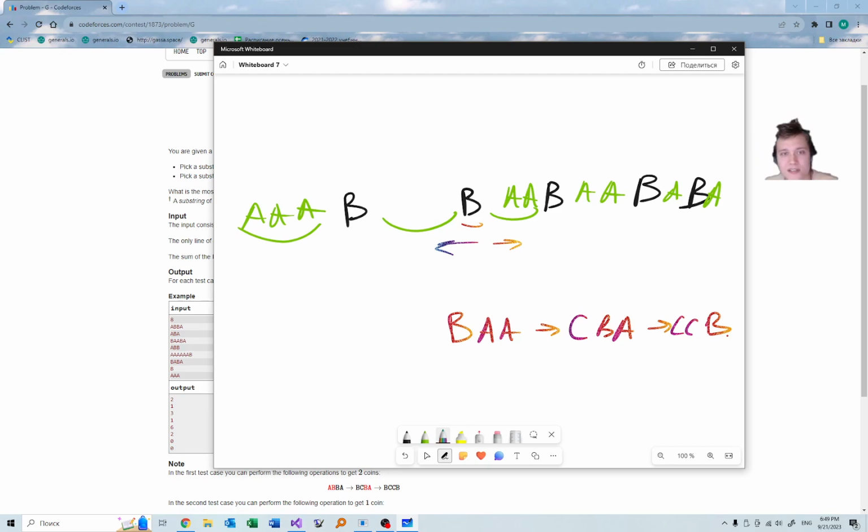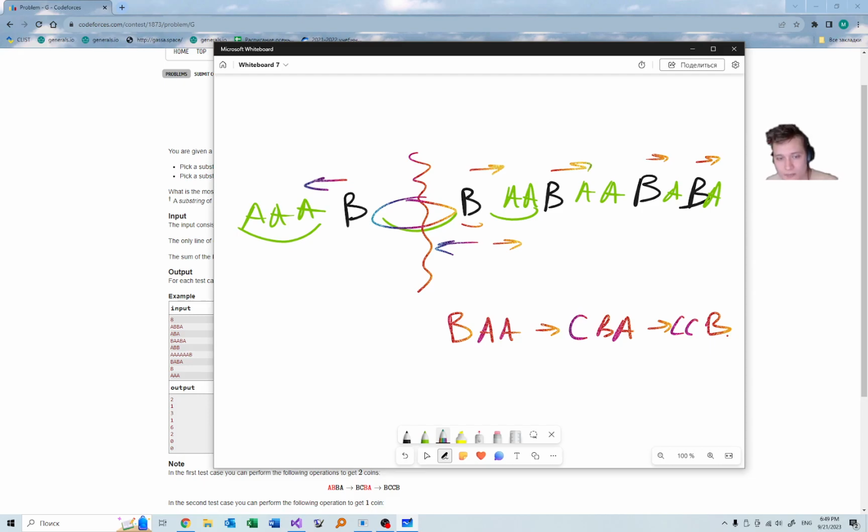What you can notice is the best thing to do is to choose some block and simply ignore it. So you choose a block, and all B's which are to the left from this block go to the left and eat all A's, and all B's to the right from this block go to the right and eat all A's there. So it is easy to prove that you can convert all A's to C's except one block.